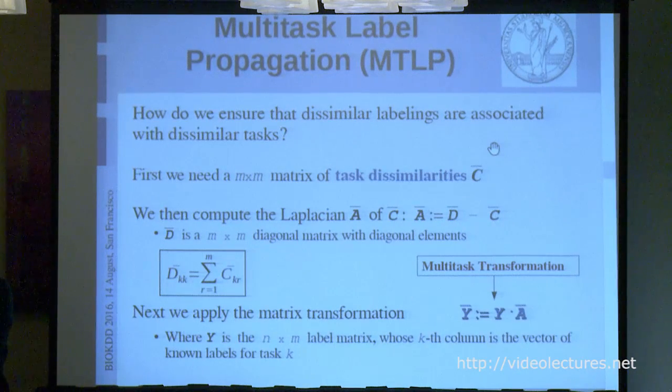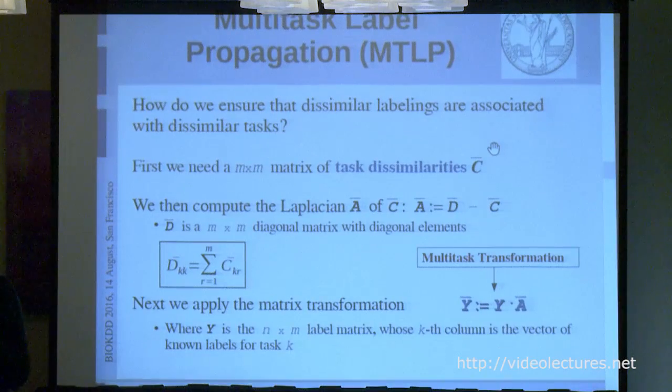If Y is the label matrix, that is, each column of this matrix is the labeling for one task, we apply a matrix transformation between Y, the label matrix, and our graph Laplacian overline A. And this is what we use. We use overline Y as new labelings for our label propagation.